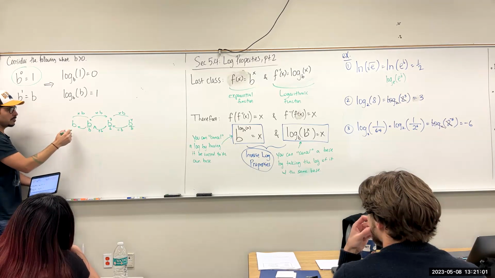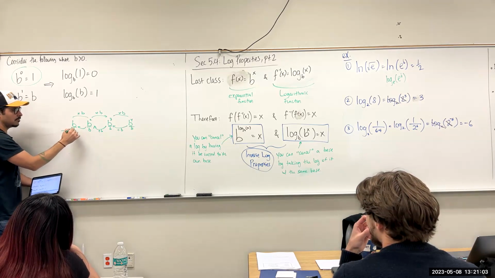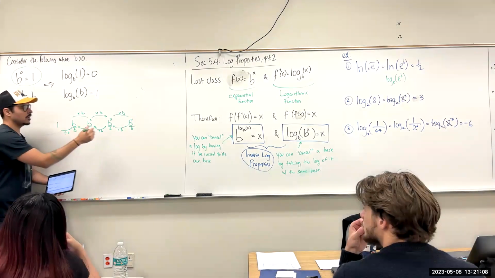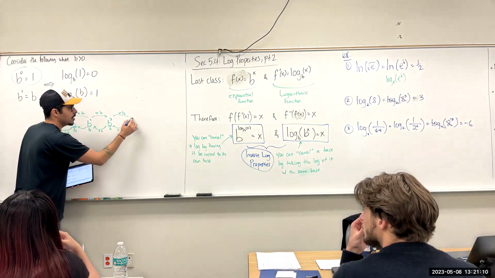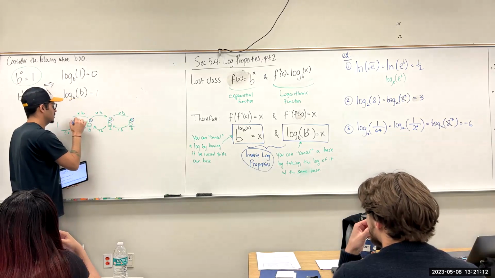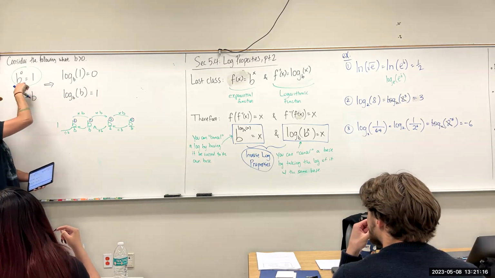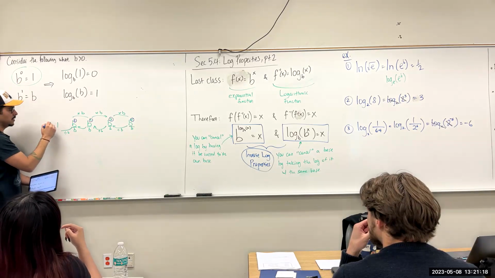But if I want to continue this pattern, and I divide this by B, that's the 1. If I want to continue this pattern of powers, I would need this guy to be B to the 0.